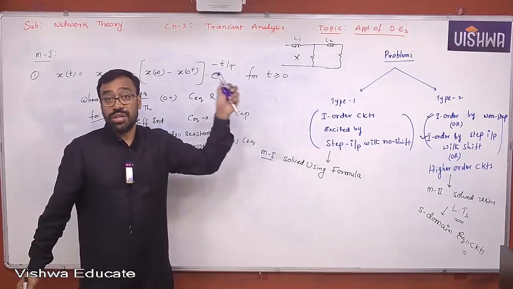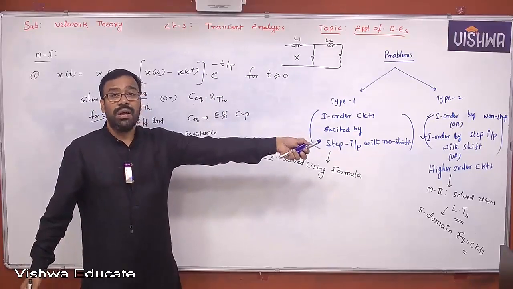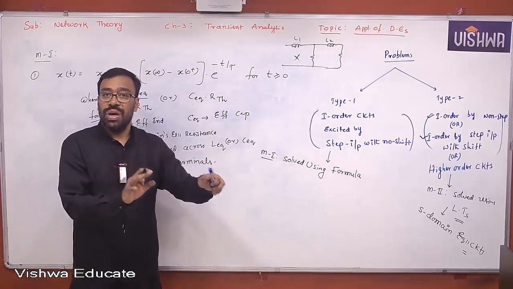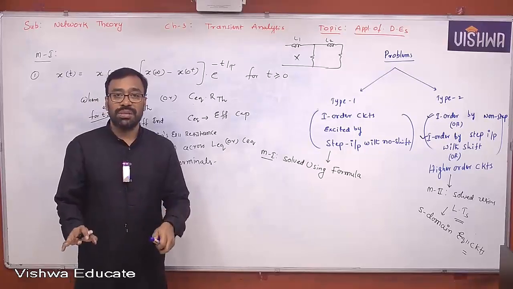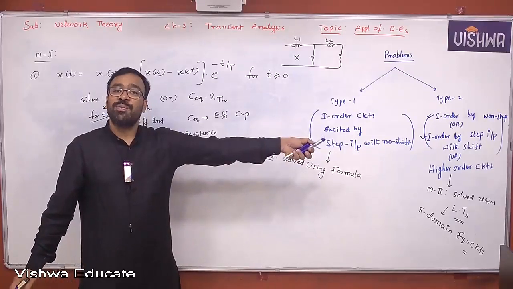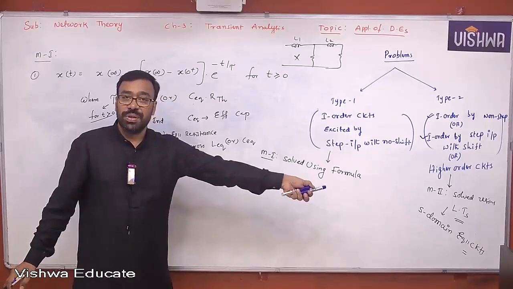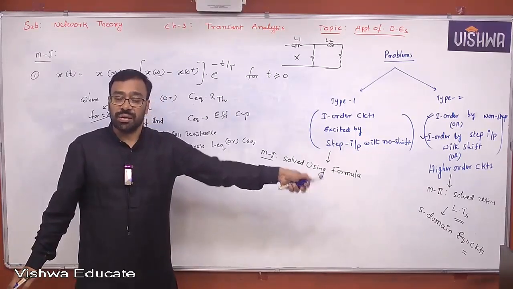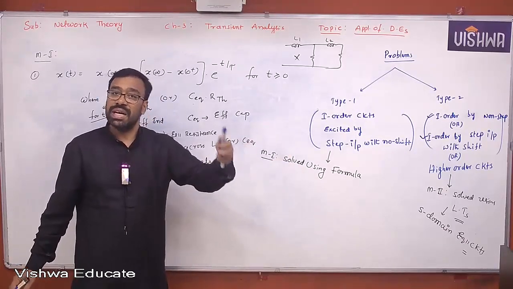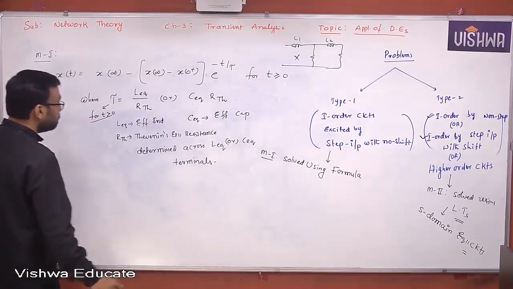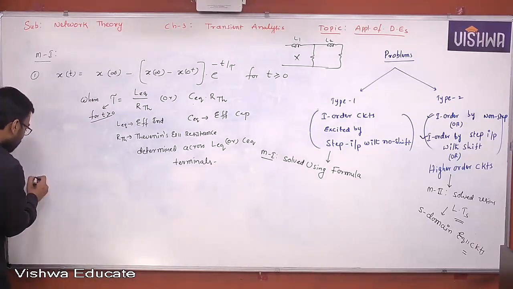Wherever L equivalent and C equivalent are not possible, you push that kind of problem into type 2, then go for using Laplace transformation. That is nothing but S-domain equivalent circuit. I will discuss what the S-domain equivalent is later on. Well, now sometimes the switching operation may be taking place with a certain amount of delay.